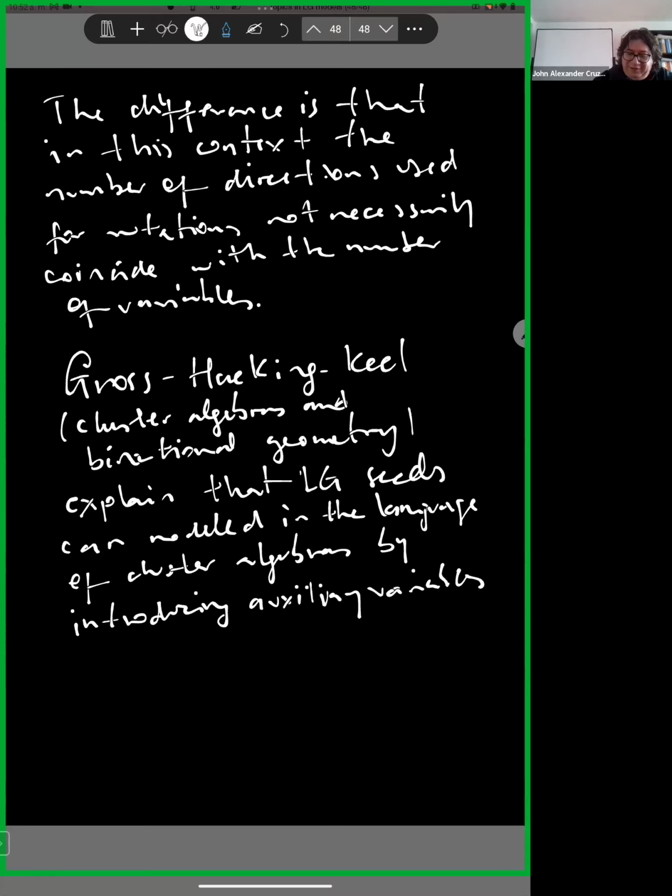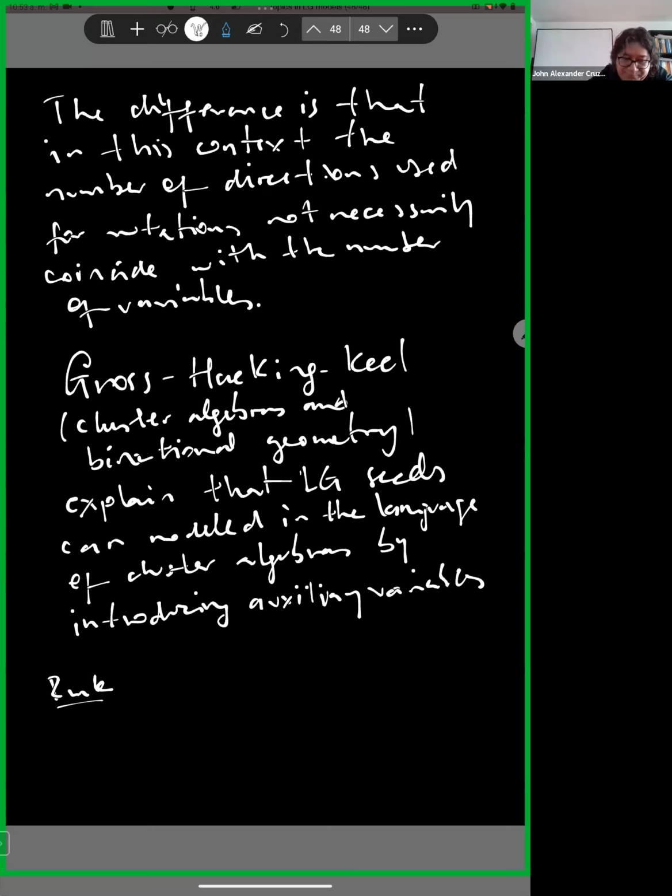Because I just mentioned CP2 and I gave one Laurent polynomial and one set of directions, but for other del Pezzo surfaces we have the same thing.